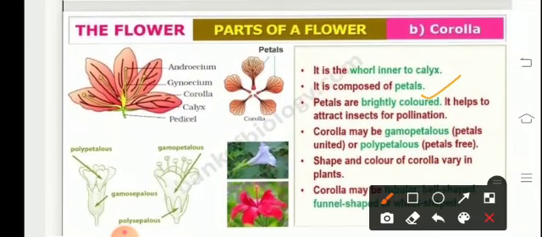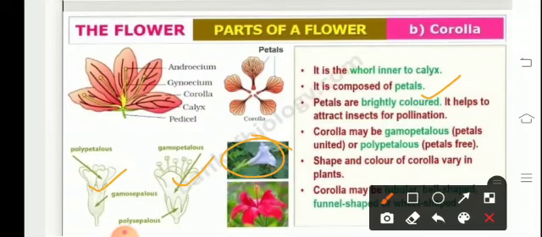The corolla could be united or they could be free. If the petals are united, the condition is gamopetalous. Like we can see over here in case of petunia or funnel-shaped flowers. Polypetalous means the petals are free from each other. They do not form a funnel-shaped structure like in case of hibiscus.